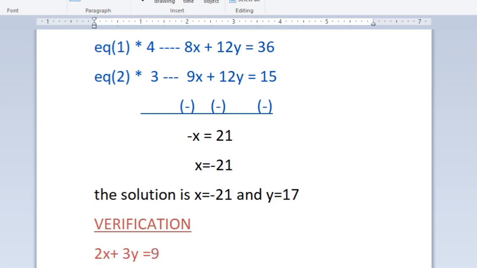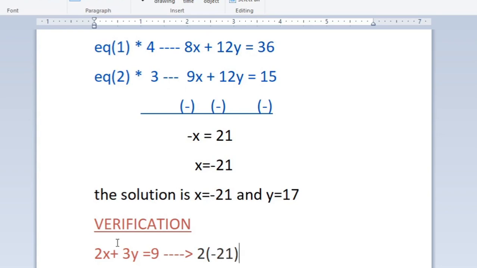Now, we are going to substitute the values of x and y in this equation. Then it implies, here we have 2, then here we have x. You have to write the value of x, which is minus 21.